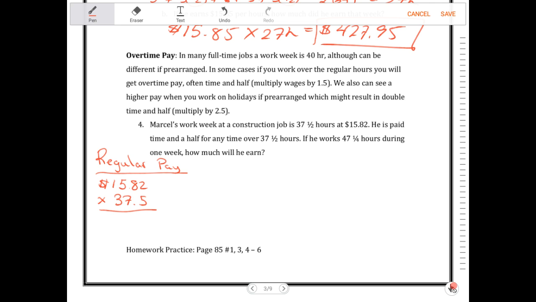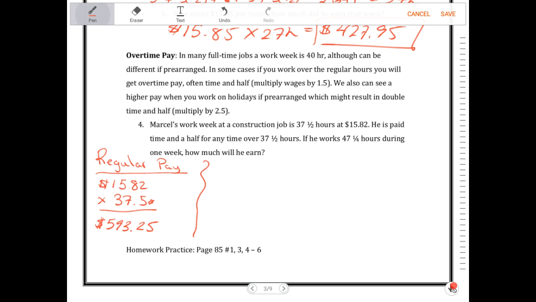And that gives you, let's see, that should be $593.25. And keep in mind, I know I just switched there between a fraction and a decimal at this point, but remember, I'm going ahead with the notion that our fractions and decimals are okay. So this is our regular pay.